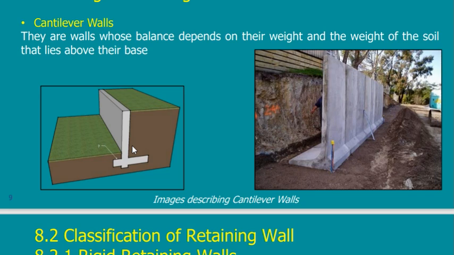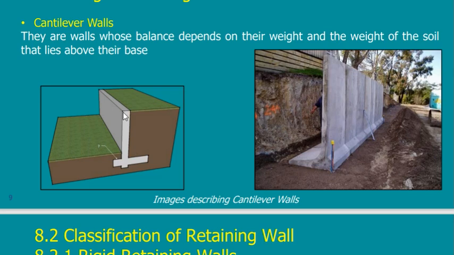So the effect of the L, the height of the wall, will always be squared. If I have a height of 10 meters, the moment will be considerably more than a wall with 4 meters. 4 meters, L squared is 16, but 10 meters, L squared is 100. 16 to 100, it's a very big difference. So there will be a limit for the cantilever wall.